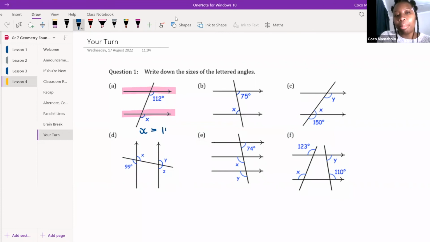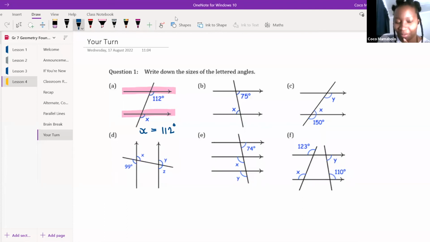112, good. Do you remember the reason why it's equal to 112? Because it is what kind of angles? We're supposed to know, not obtuse. There are two angles. Guys, can you help him out in the chat? Somebody help Monde out. Why is it equal to 112 degrees?